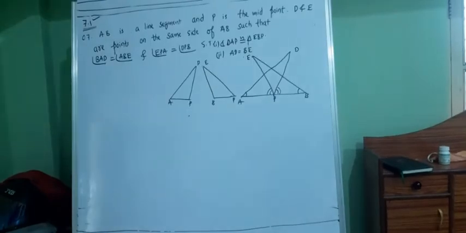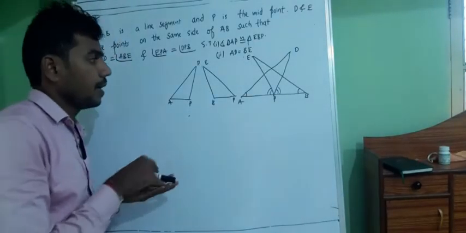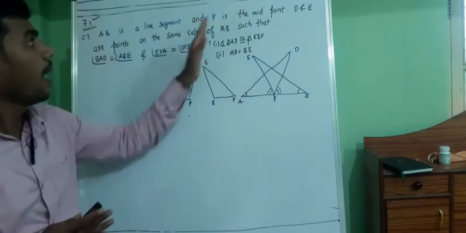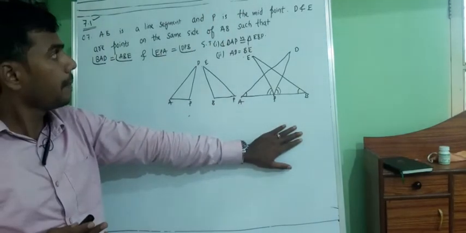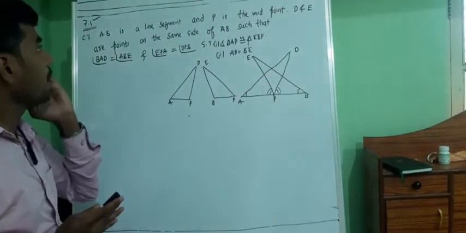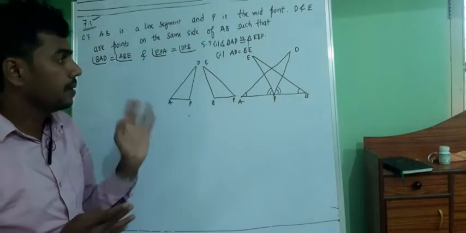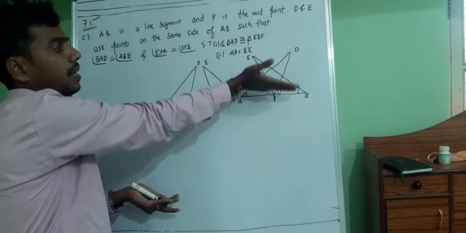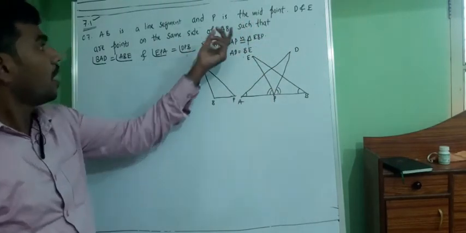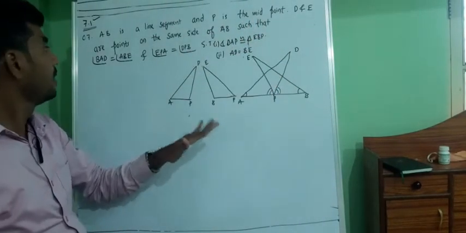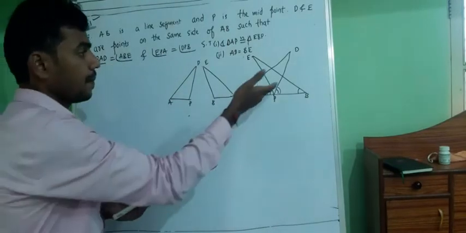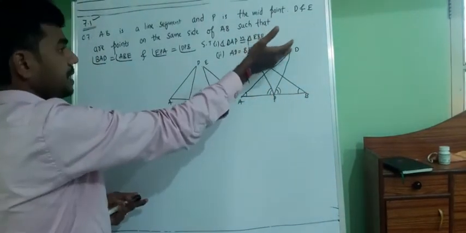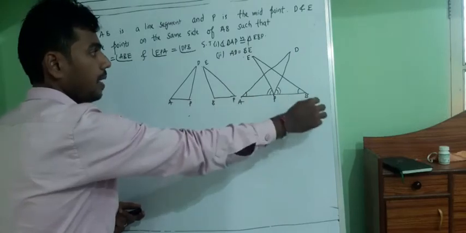Seventh question. AB is a line segment and P is the midpoint. D and E are points on the same side of AB such that angle BAD is equal to angle ABE.